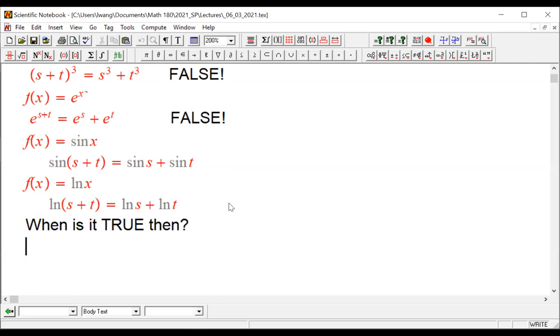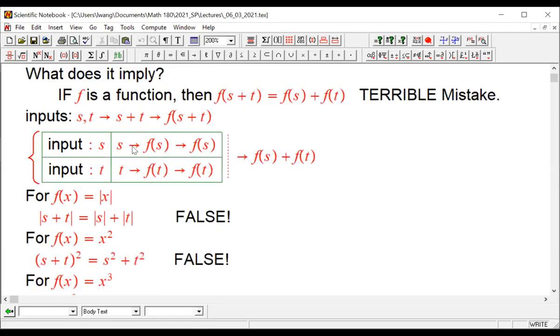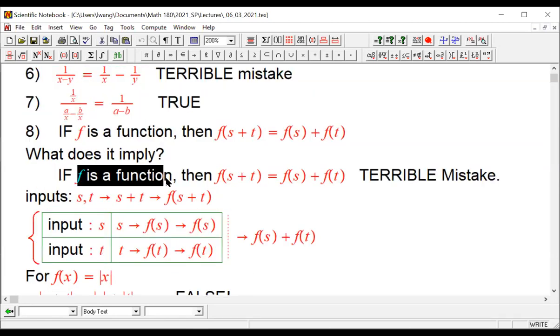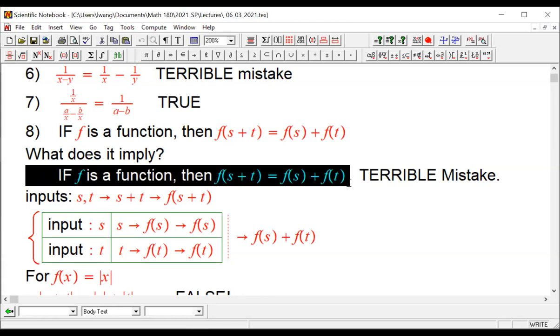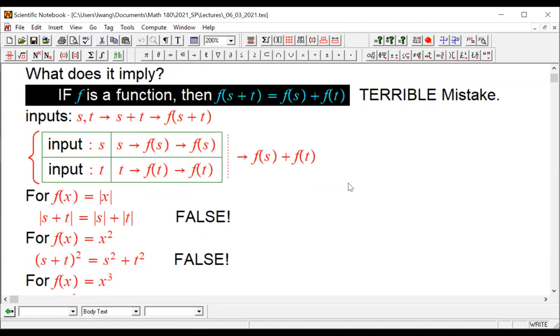For all these other functions, this statement is terrible. F is a function, we cannot use this. But can we make some adjustment to this statement so that it is true? The answer is yes. Do you want to know that?